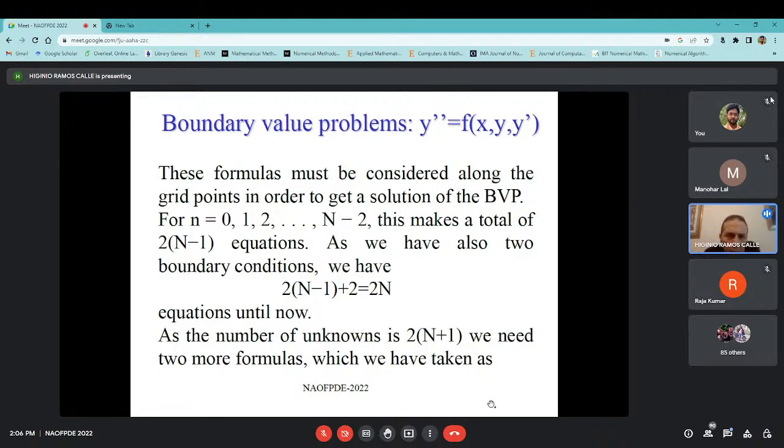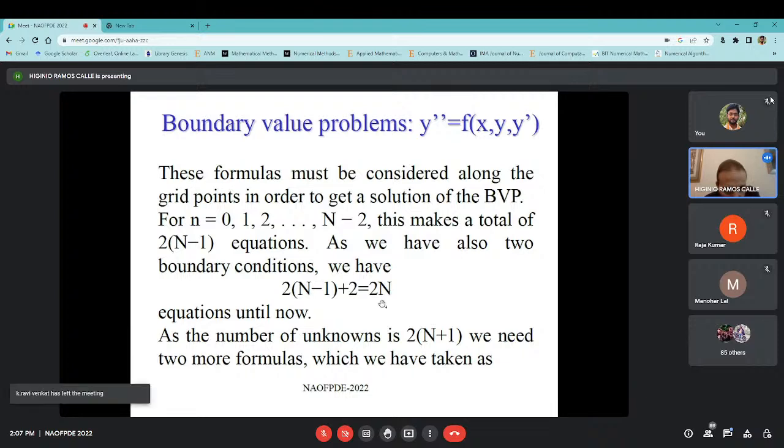So we are going to consider for n equals 0, 1, 2, ..., n minus 2, the above formulas. This gives a total of 2 times (n minus 1) equations. We have also 2 boundary conditions. So the total of the formulas we have is 2n equations.